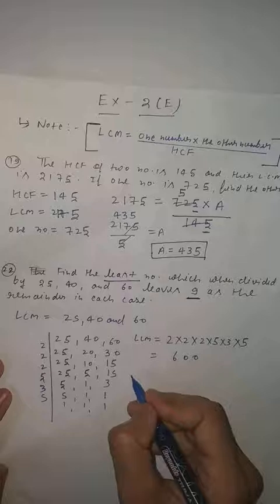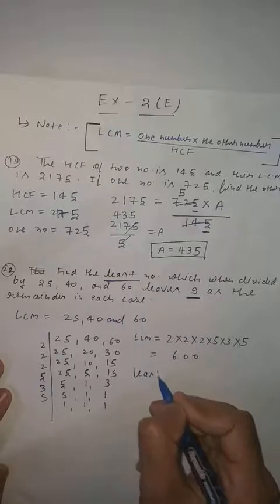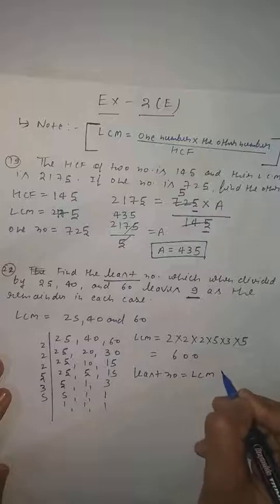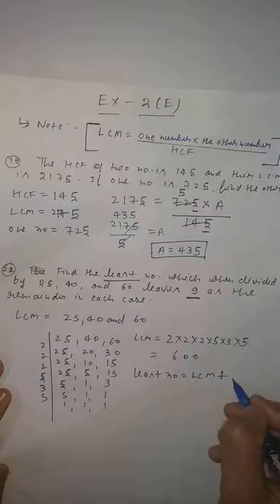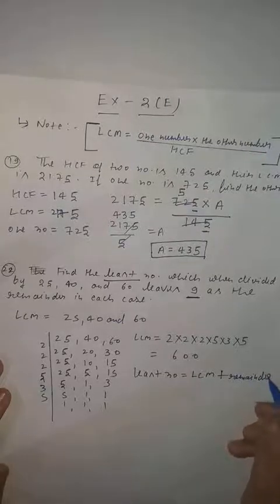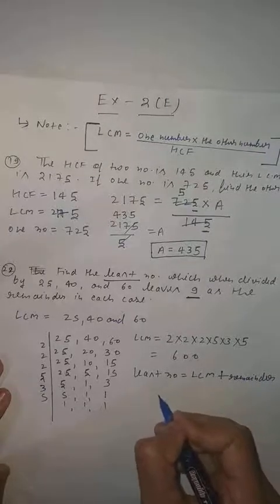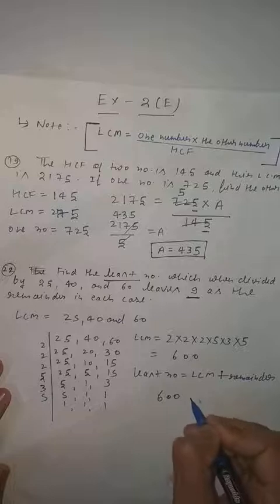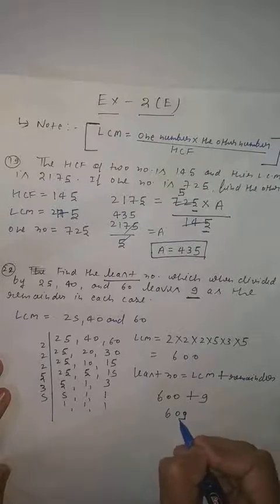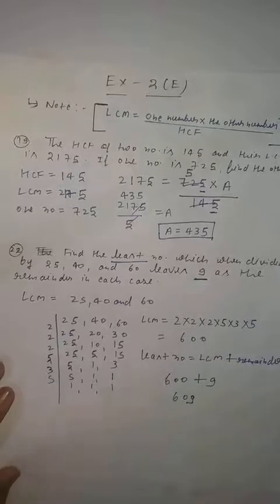So what you will do, least number equal to LCM plus remainder. Clear, students? So what is the LCM? LCM is 600 and remainder is 9. So the answer is 609. Clear, students? Now you can check what is given.